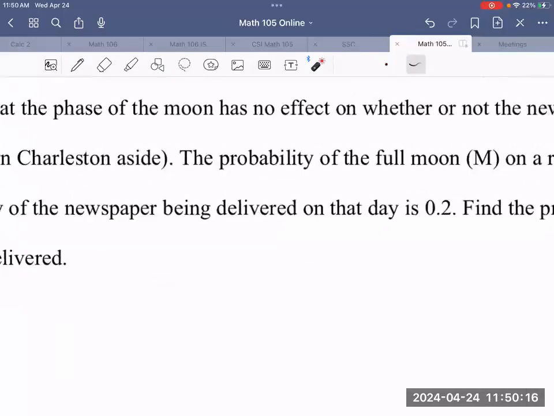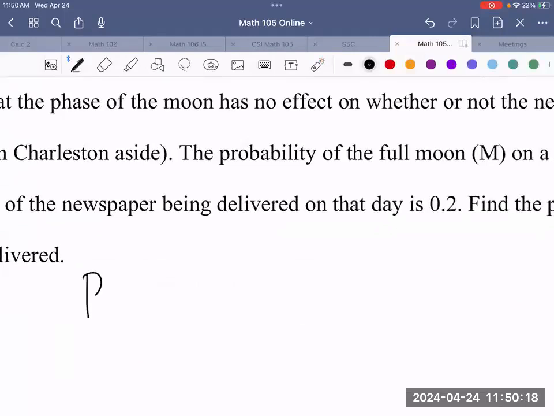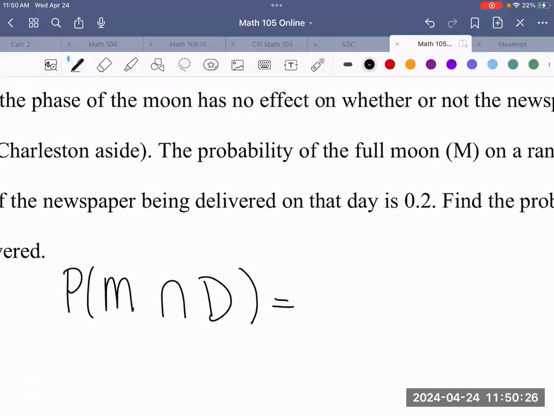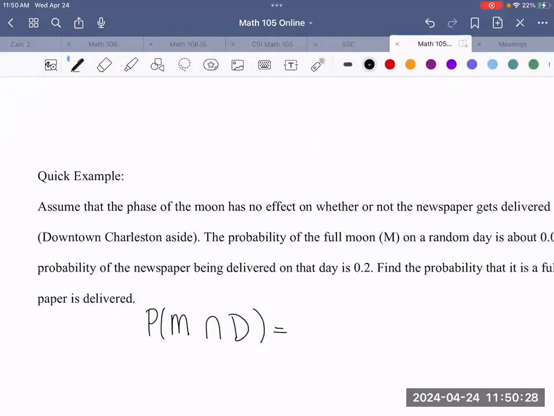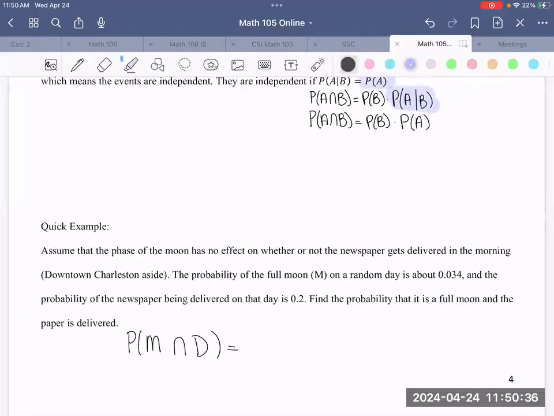So we want to know the probability of a full moon and your delivery happening. Well, they're telling us that they're independent, which we can assume because they've told us to assume that the phase of the moon has no effect on whether or not the newspaper gets delivered.